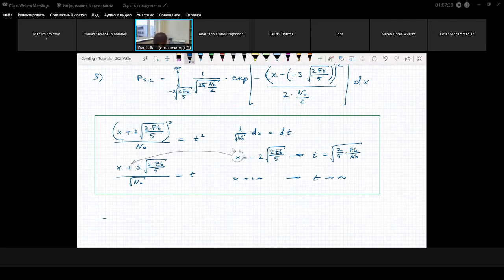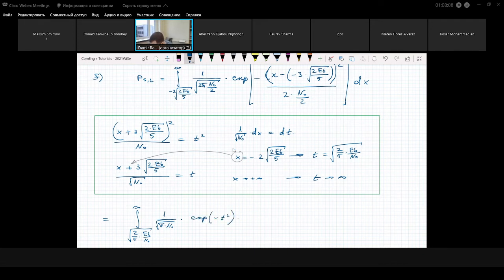It equals the integral from this lower limit, the square root of 2 times EB over 5 N0, to plus infinity, and the expression is 1 over the square root of pi times N0, times the exponential function of minus t squared.